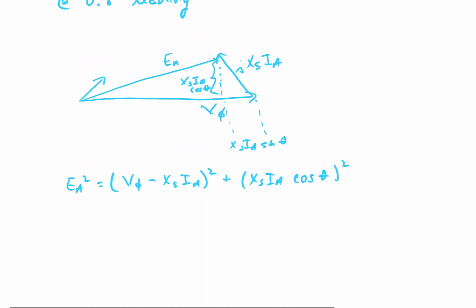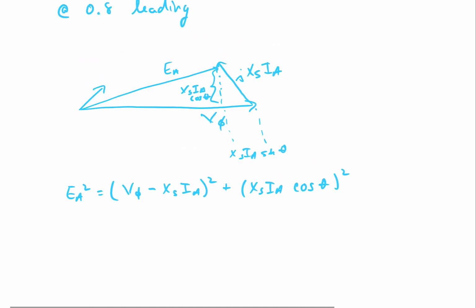Again, theta is that angle, where this again is IA, the angle between IA and V phi. And so what we're doing here is this value, XS IA, actually it looks like we should have sine theta here.